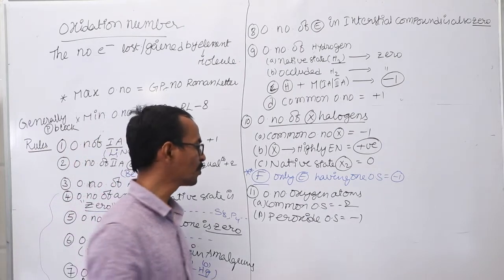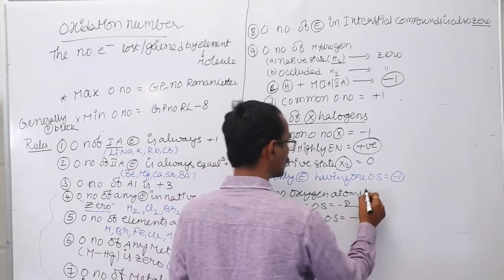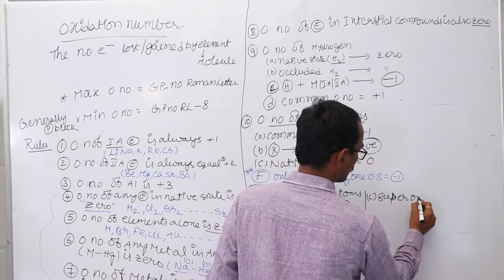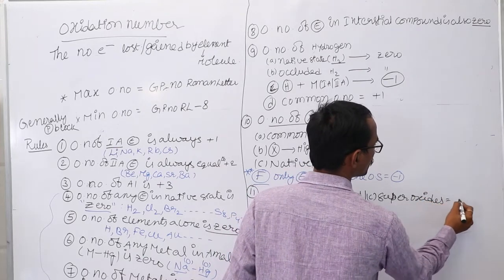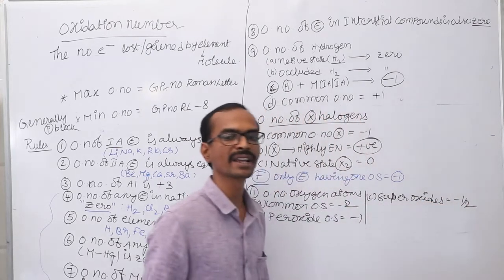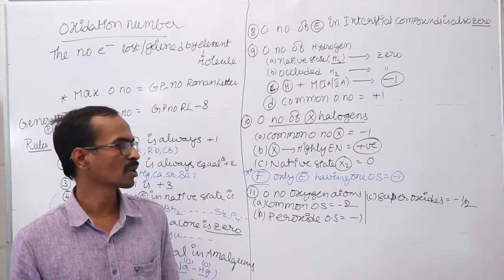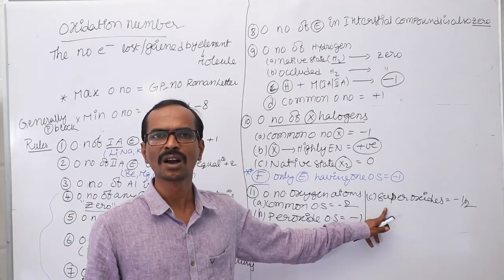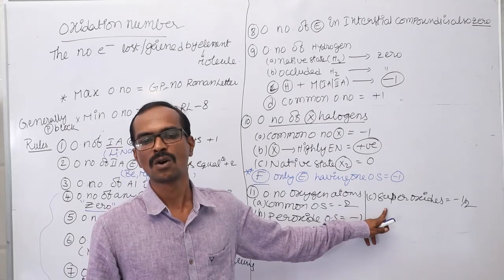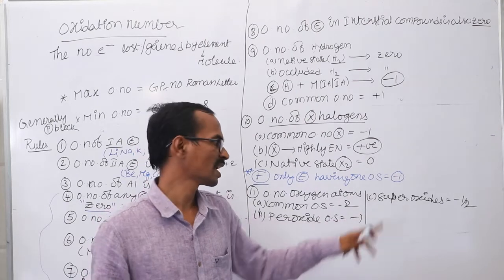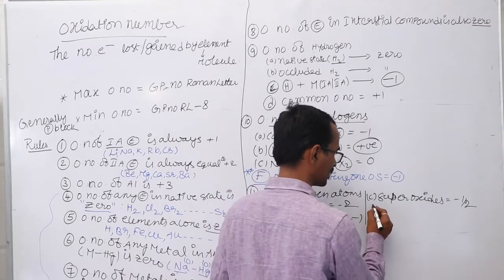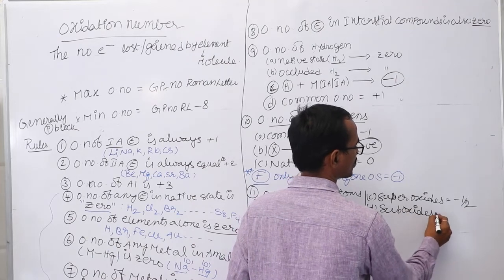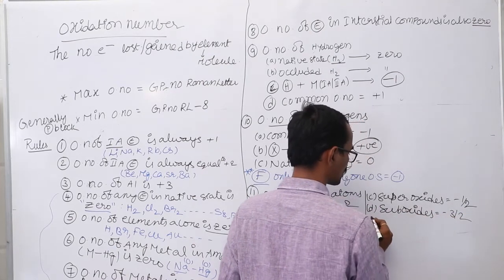Next, in superoxides, the oxidation state of oxygen is equal to -1/2. Superoxides are generally formed by the combination of 1A group elements with oxygen. Next, suboxides show -3/2 oxidation state.